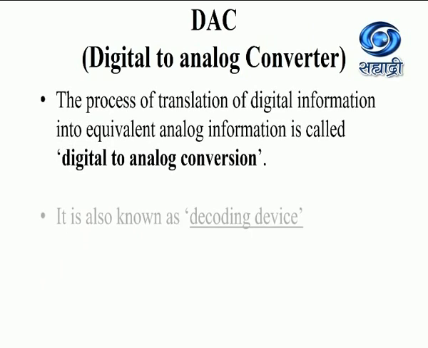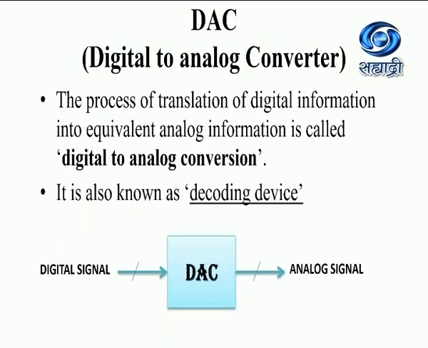So let's start with the first type, that is DAC. DAC is digital to analog converter, as I said. The process of translation of digital information into equivalent analog information is called digital to analog conversion, and it is also known as a decoding device.